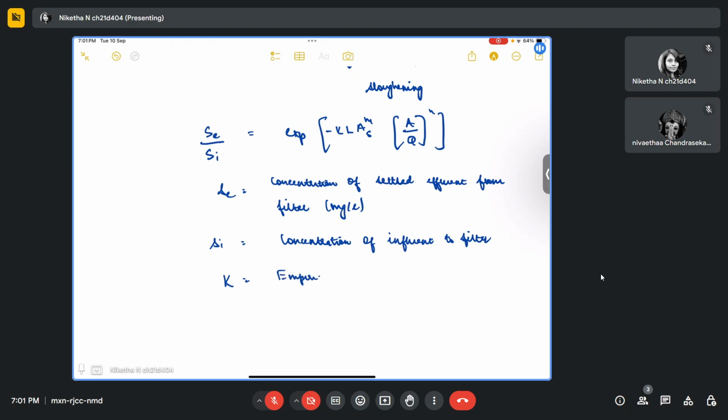K is the empirical rate constant, and A is the filter cross-sectional area.